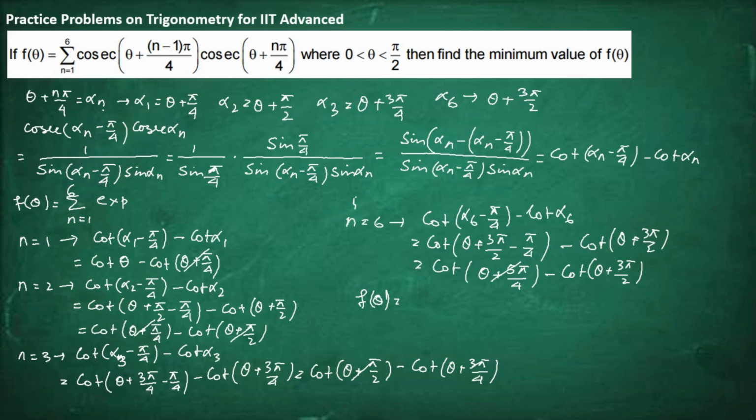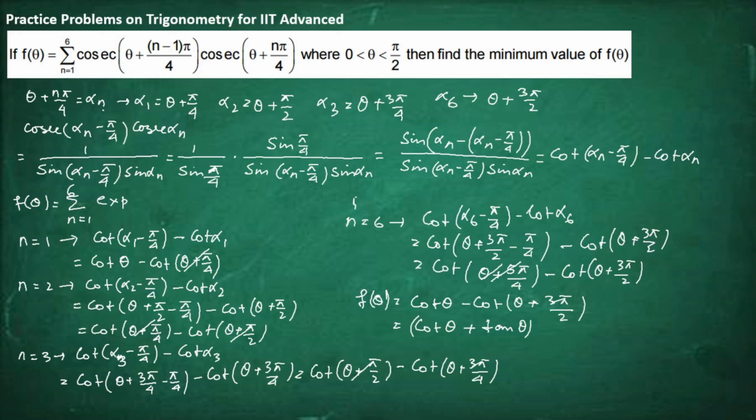So your f(theta) will be left with only cot theta minus cot(theta plus 3 pi by 2). Yes or no? Therefore, what is happening? It is there now, cot theta minus, it will become plus tan theta. Yes or no? So your f(theta) becomes cot theta plus tan theta.